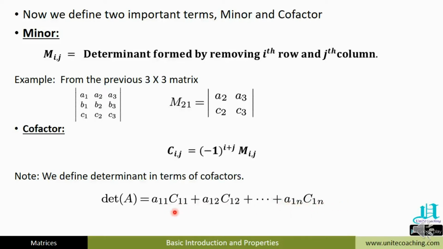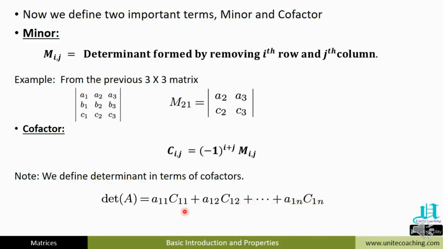We have taken the first row, and then we take the first element a11 and multiply it with its cofactor c11, then we plus a12, multiply it with its cofactor c12, then plus so on till we get a1n c1n.